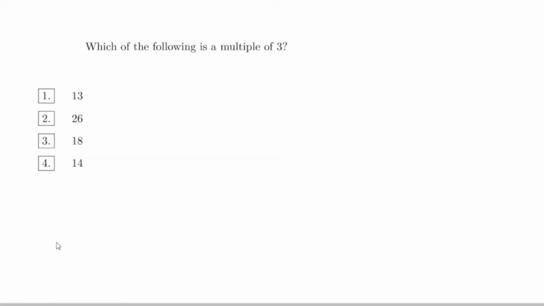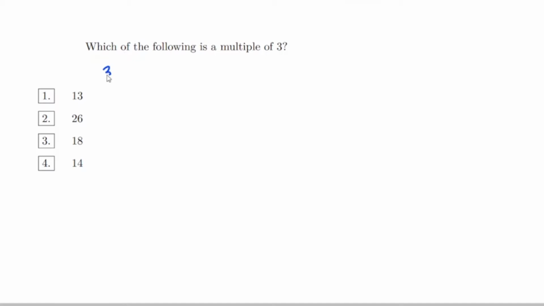So the question is, which of the following is a multiple of 3? Well, the easiest way to go through this is if you can just quickly identify which one is a multiple of 3, you're good. Otherwise, you should just do the 3 times table.